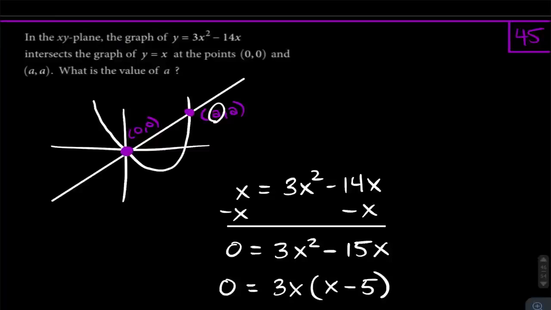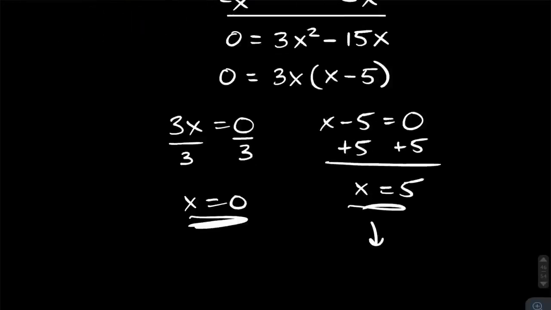And so it's going to be the a here. Now, we don't need to find the y too because we know that from this point, the x is the same as the y. They're both a. And you can even do a sanity check here. That would make sense with y equals x, right? If this is equal to 5, this is equal to 5. So we can see here that a is going to equal 5.